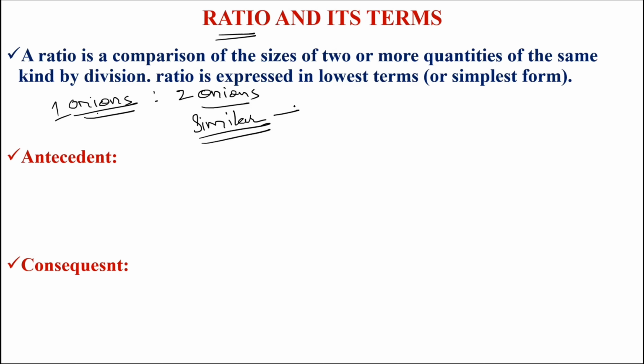Ratio compares the magnitude or size of two or more quantities of the same kind by division.